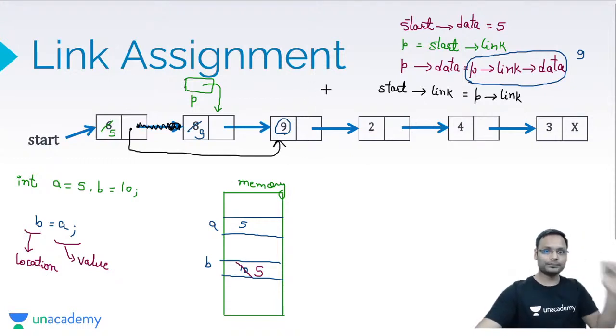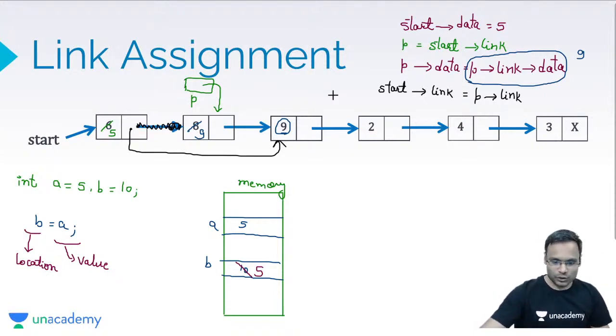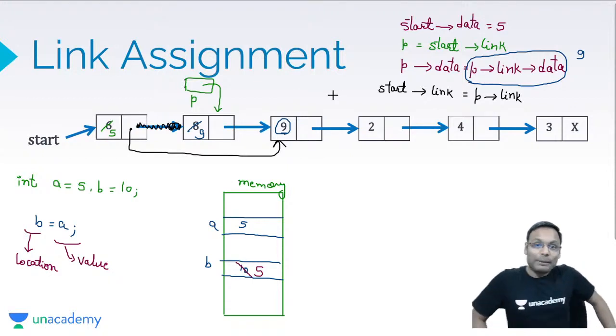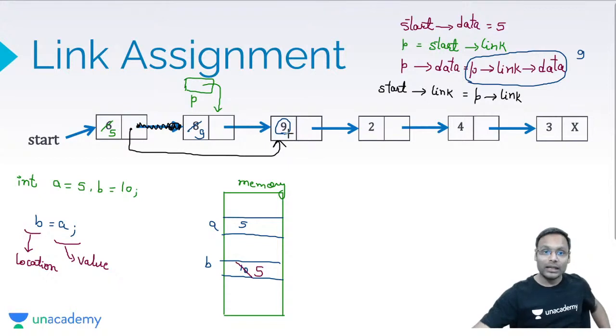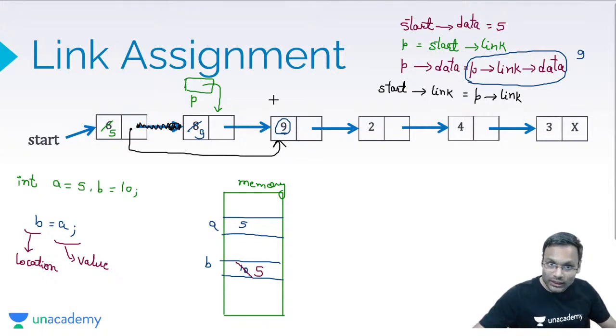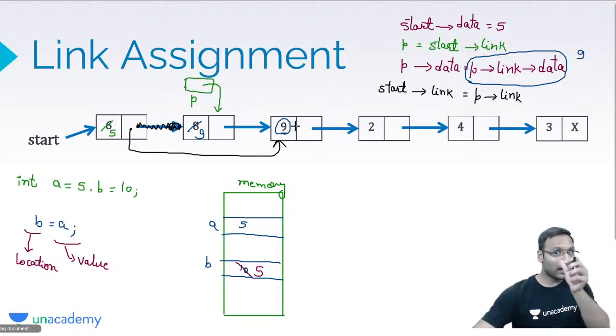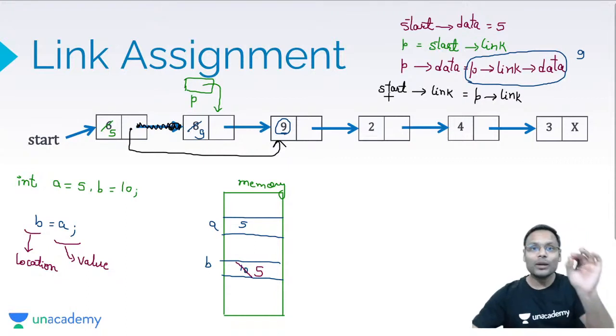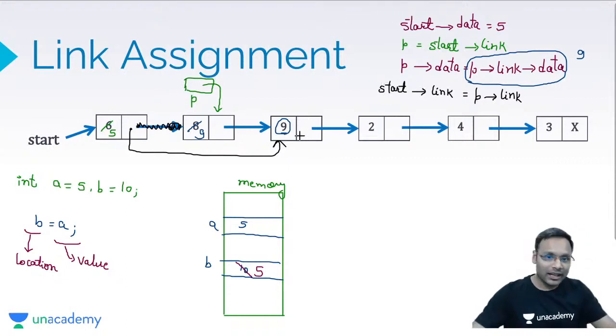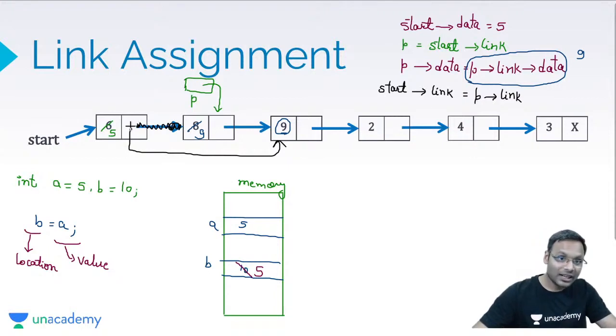I did it. Understood? So P pointer is pointing to this particular node. Yes, its arrow link means the address of the second node. This particular address of the second node I'll have to copy into the link part of start. So in the left side you will have to check which location I'll have to copy the address of this node to. The location is the link part of start.